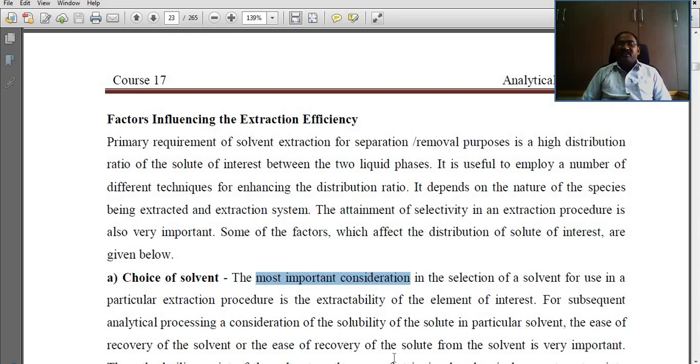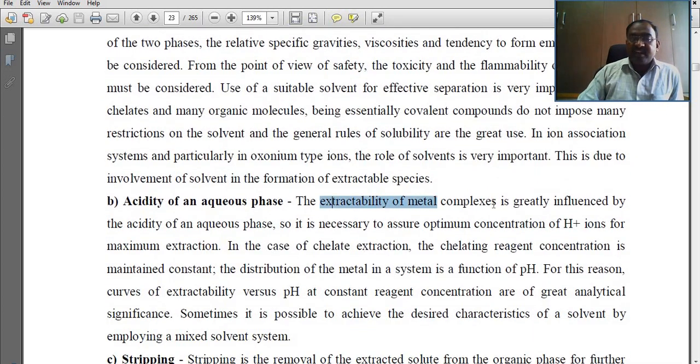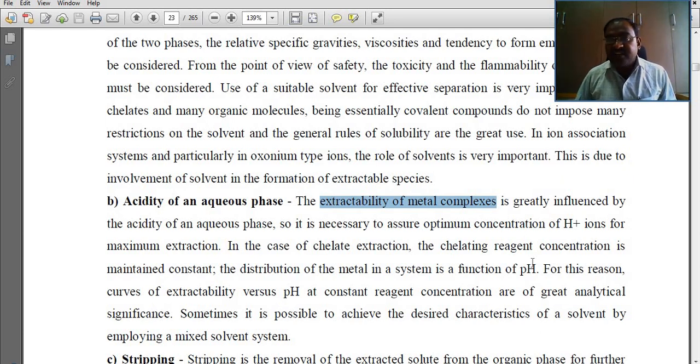The most important consideration in the selection of a solvent for use in a particular extraction procedure is the extractability of the solute of interest. The extractability of metal complexes is greatly influenced by the acidity of the aqueous phase.